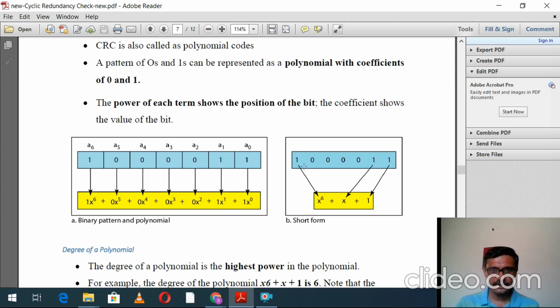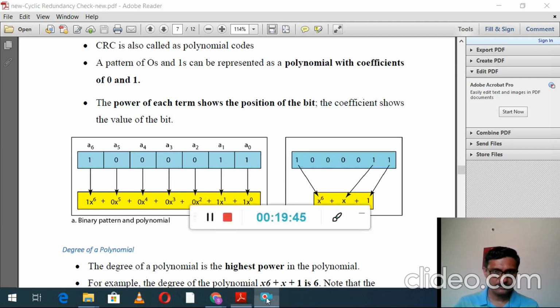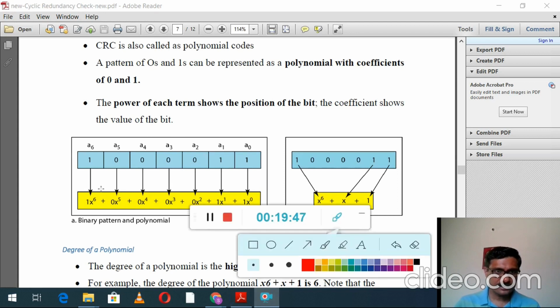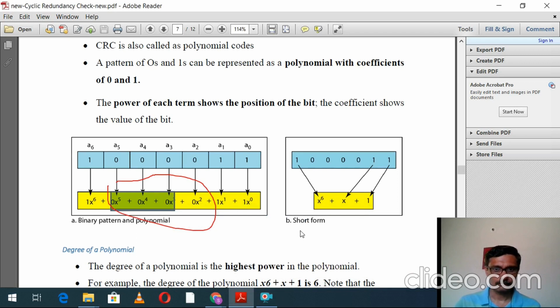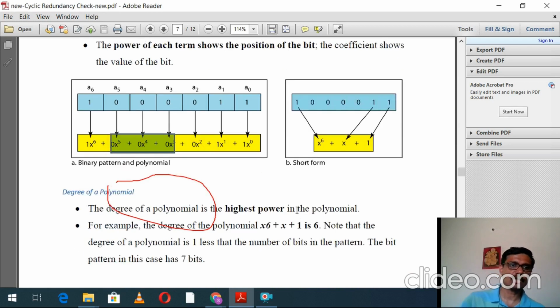Because these terms are zeros, we can simply neglect them, and the simplified version is x power 6 plus x power 1 plus 1, because x power 0 is 1. That is the short form.